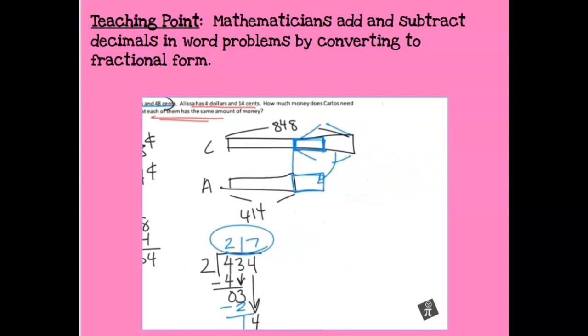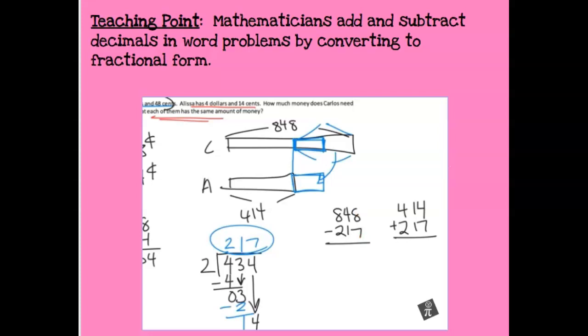We could say, well, let's take Carlos, which is 848, and subtract 217, which means Alyssa started out at 414, and she's going to add 217 because that's how much Carlos is giving her. And we should subtract here and add here, and hopefully we're going to end up with the same value.